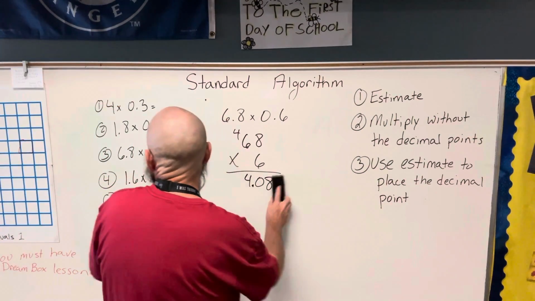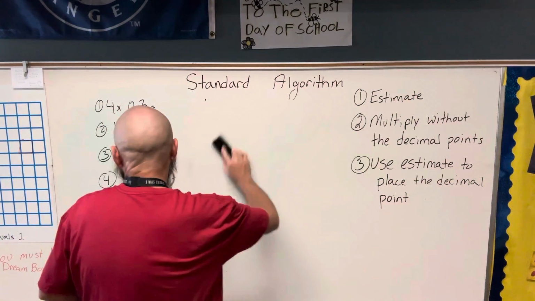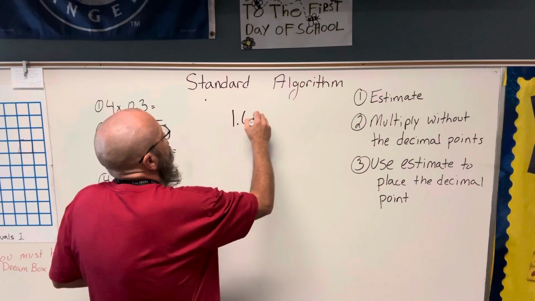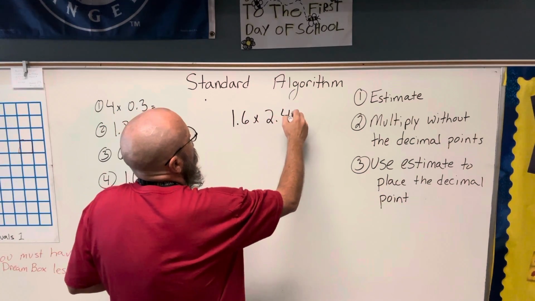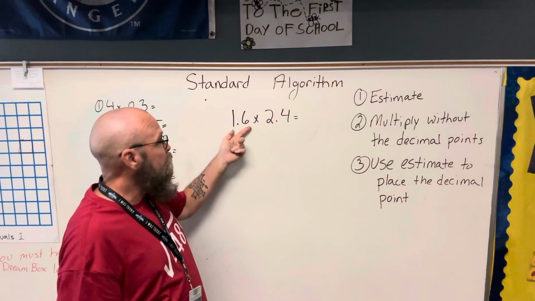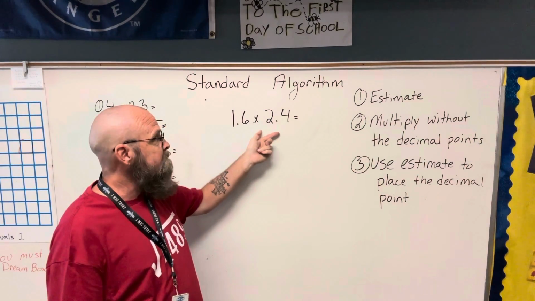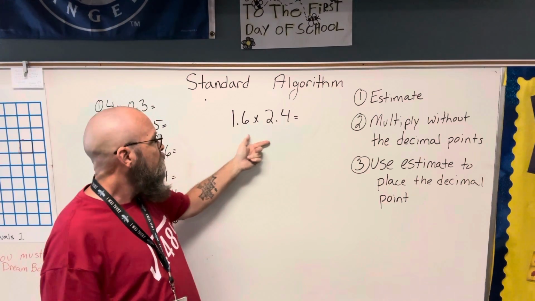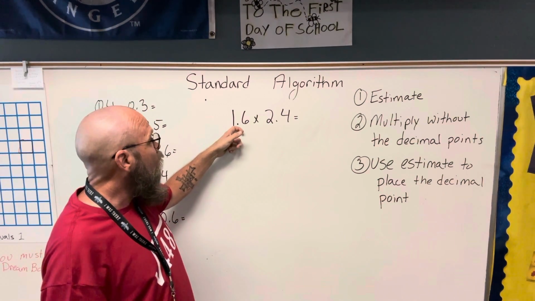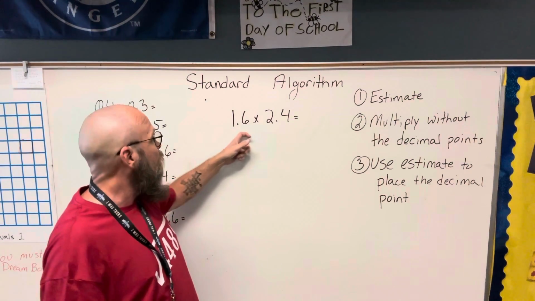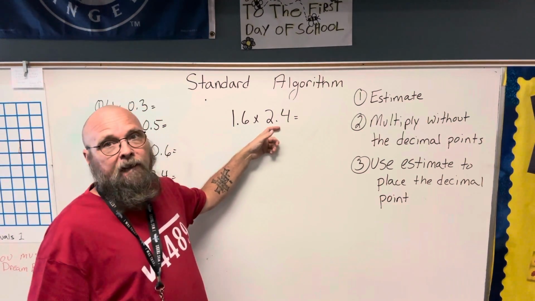Let's look at 1 and 6/10 times 2 and 4/10. Now this time, our answer is going to be bigger than 1 and 6/10 because I'm multiplying by a number greater than 1. So if I just looked at the whole numbers, 1 times 2 would give me about an answer of 2, or 2 times 2 would give me an answer of 4.